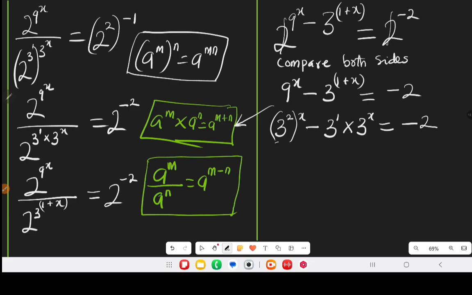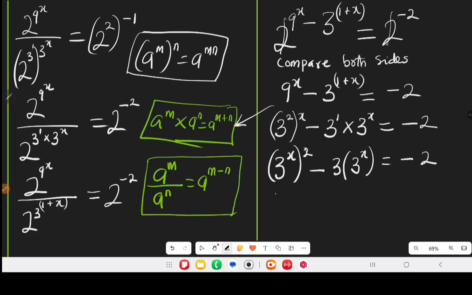We can rewrite this first one as 3 raised to the power of x all squared, just by interchanging the power. Minus 3 times, we can denote by brackets, 3 raised to the power of x, equal to minus 2.